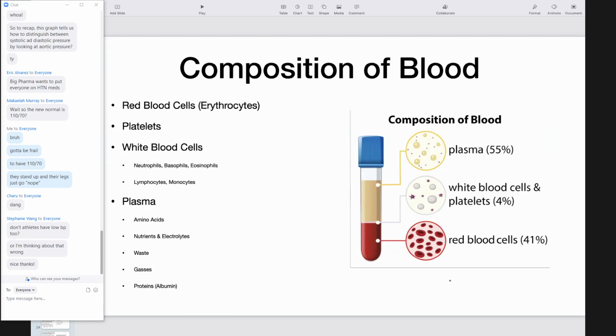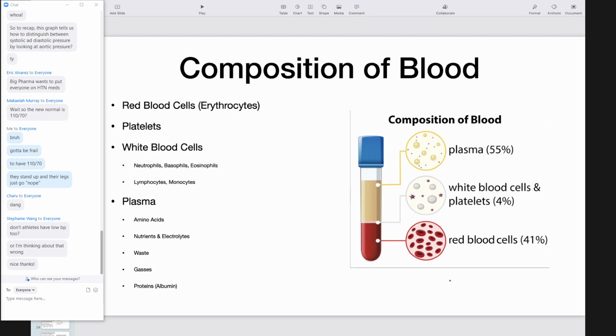So what is in plasma? Plasma has water, a lot of amino acids, a lot of different nutrients, glucose, electrolytes. It has waste, so urea, from the breakdown of muscle. Waste can be gases as well. Carbon dioxide is a waste.